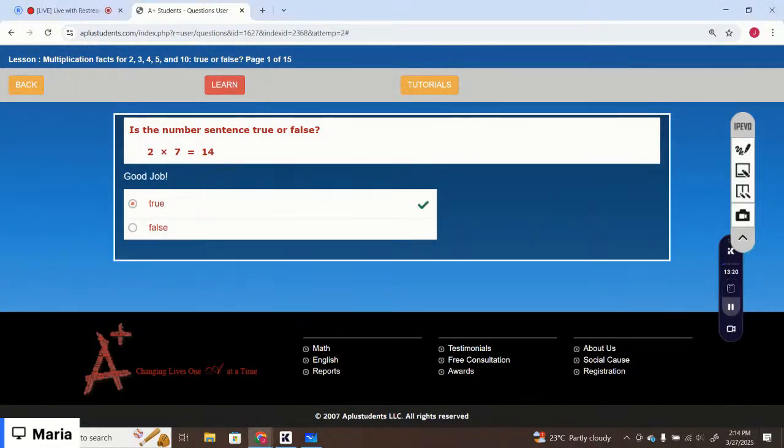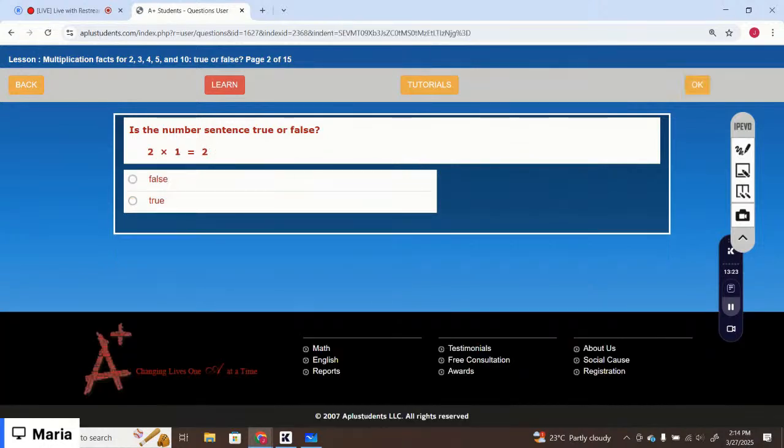That is true. Is the number sentence true or false? 2 times 1 equals 2. True it is. Option number 2 is the correct option. That is true.